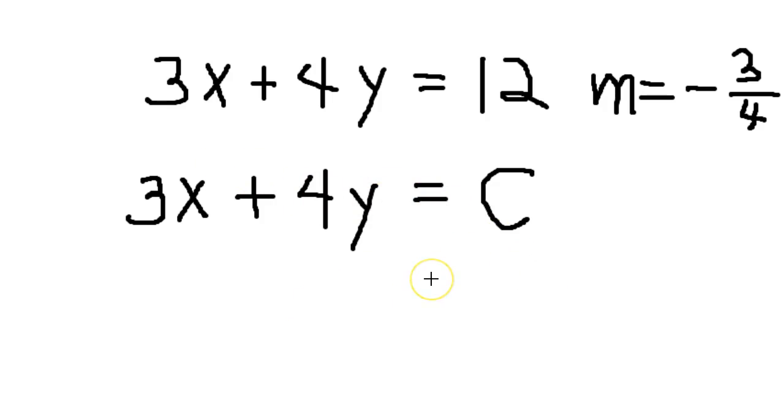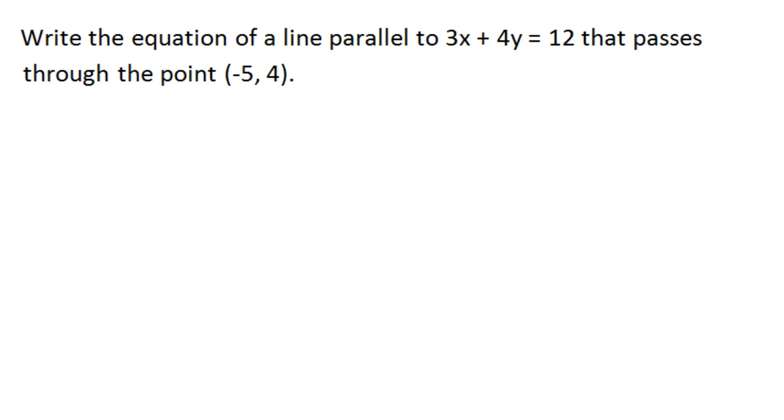So now we can get to the type of problem where, for example, we have this: write the equation of a line parallel to 3x + 4y = 12 that passes through the point (-5, 4).